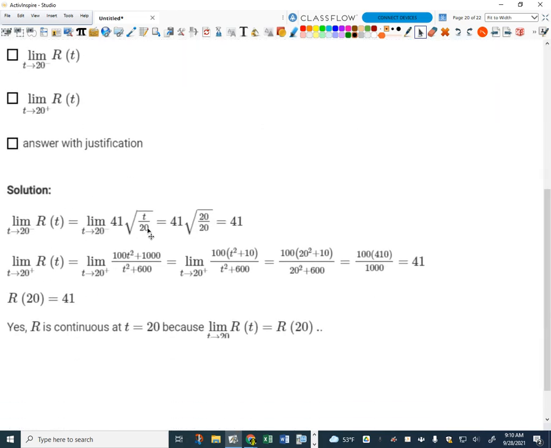So the limit from the left, we're taking the limit of this as t approaches 20 from the left. Well, 20 over 20 is 1, so 41 times the square root of 1 is 41. So the limit from the left is 41. Limit from the right as t approaches 20 is going to give us just some big numbers.